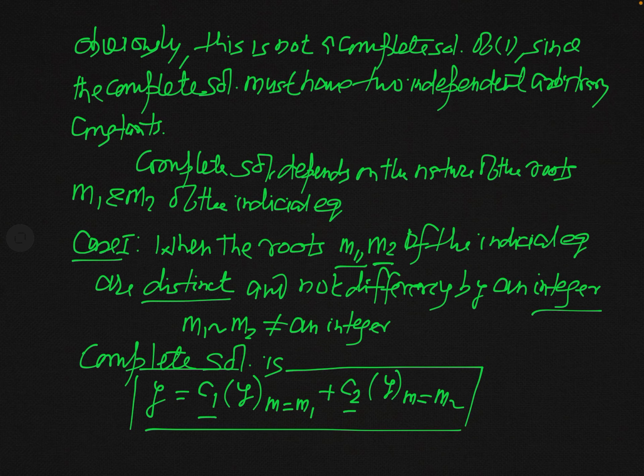But remember, this method will be followed when m1 and m2, the two roots of the initial equation, are distinct and they are not differing by an integer. It means the difference of m1 and m2 is not an integer; it will be fractional.